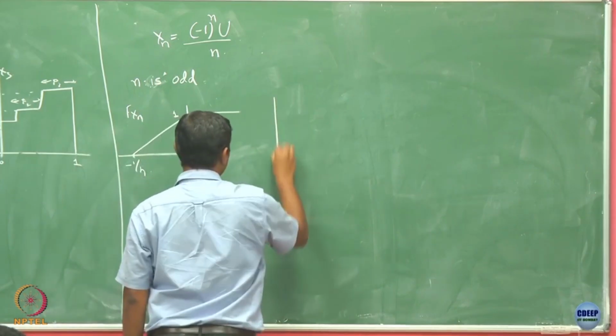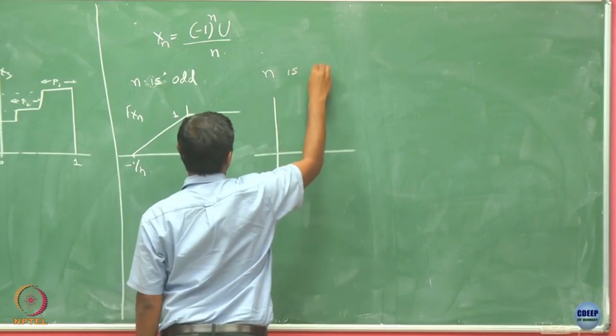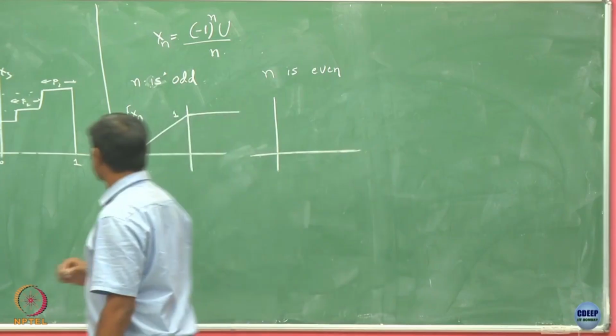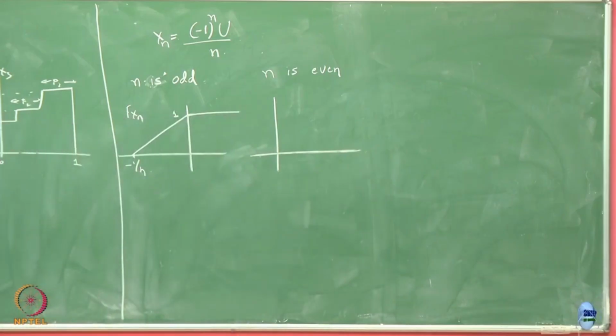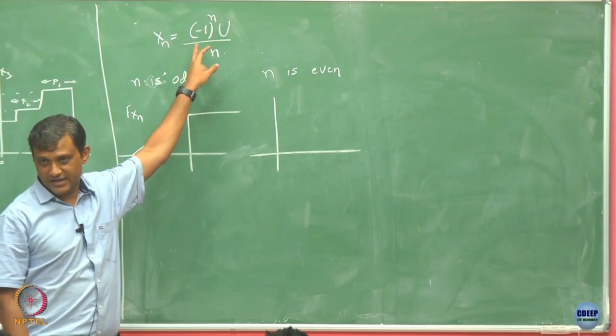Now if you look at the case when n is even, how does the CDF look? In this case the smallest value is going to be what? It is going to be a positive random variable when n is even.